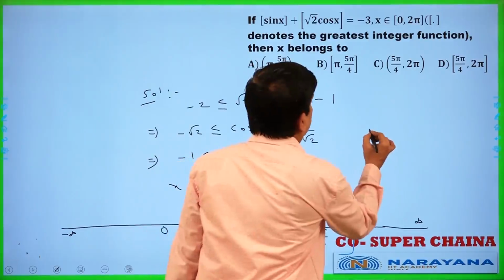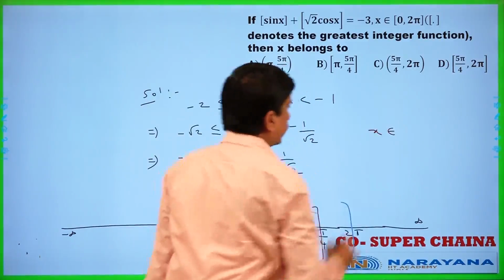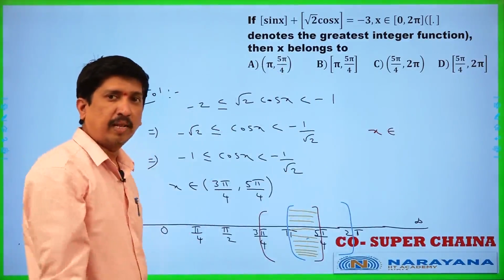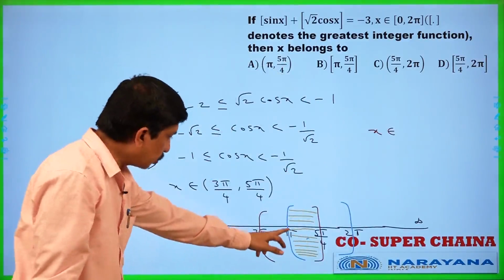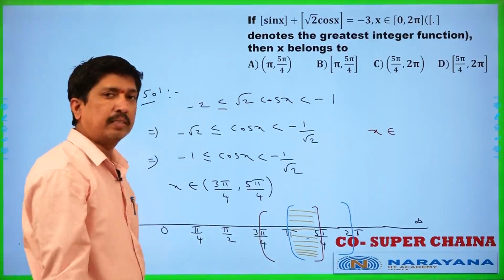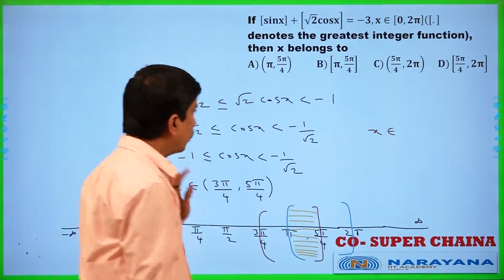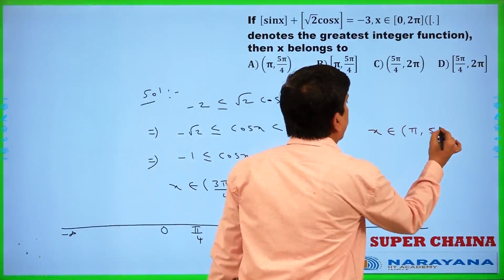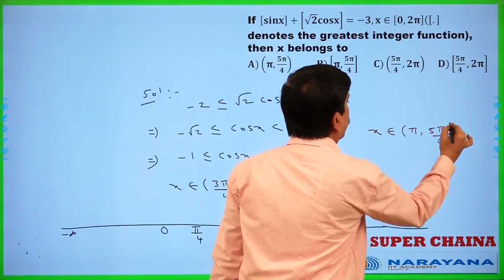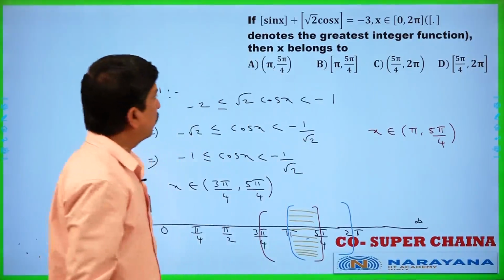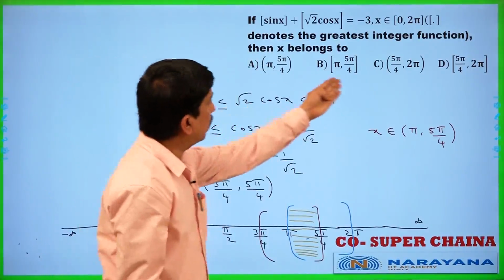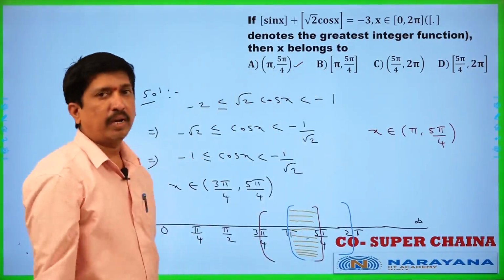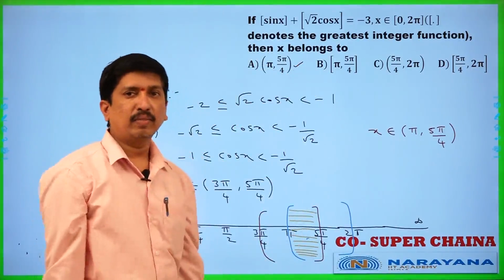I am changing the color because you can concentrate very well like that. Now x belongs to, the shaded part is the required answer, that is x belongs to pi comma 5 pi by 4. Just observe the options, which option is correct? Pi comma 5 pi by 4. This is the right answer. This is the end of the session. Thank you.